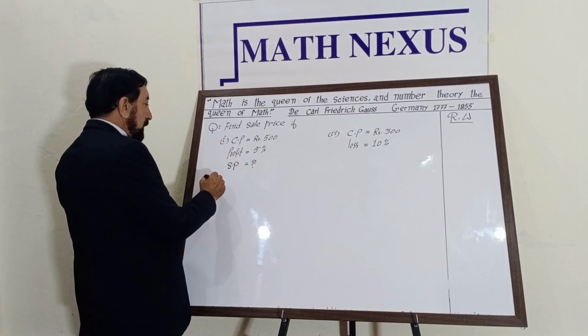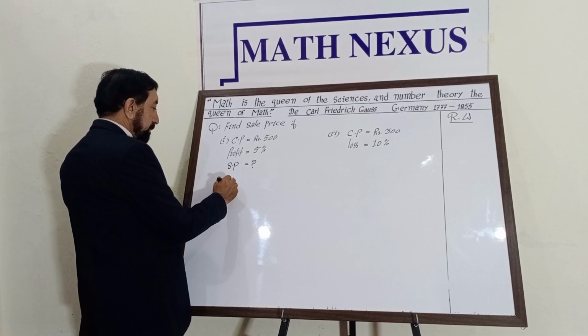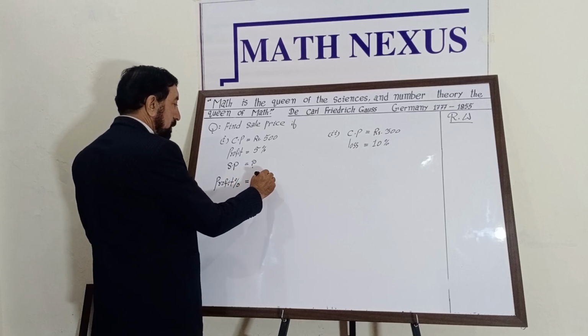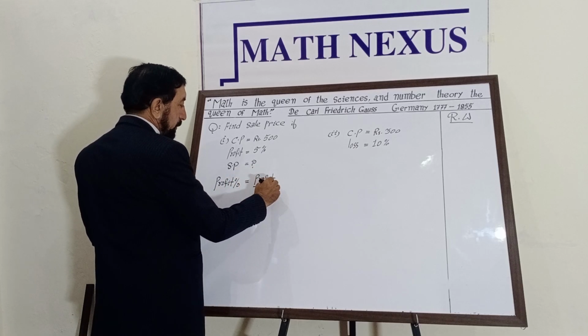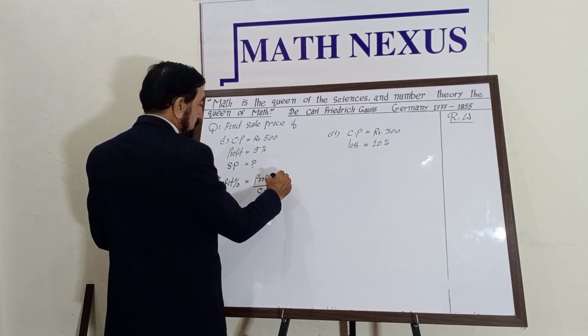We have a formula: profit percent is equal to profit upon CP into 100.